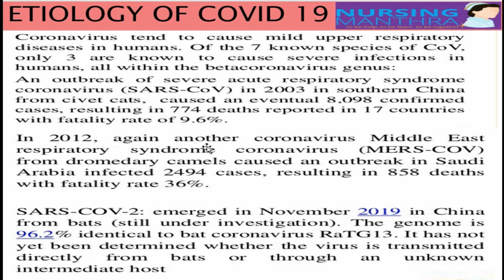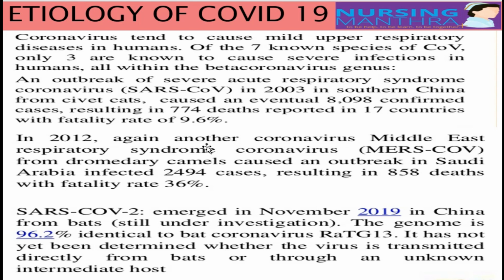SARS coronavirus 2 emerged in November 2019 in China from bats, though it is still under investigation whether it is from bats or any other animals. The genome is 96.2% identical to bat coronavirus RaTG13. It has not yet been determined whether the virus is transmitted directly from bats or through an unknown intermediate host.